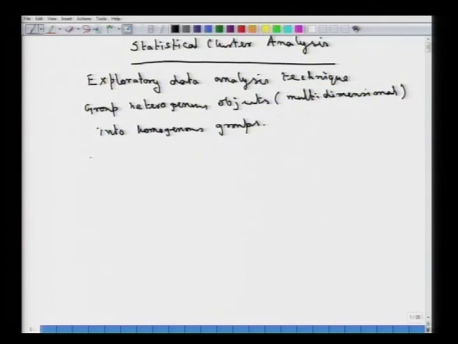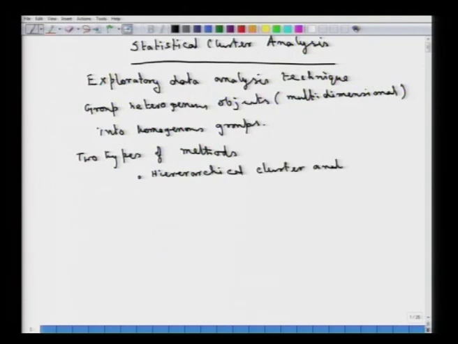Now, broadly speaking, there are two types of such methods. The first one is what we call hierarchical cluster analysis technique, and the second one is non-hierarchical cluster analysis.